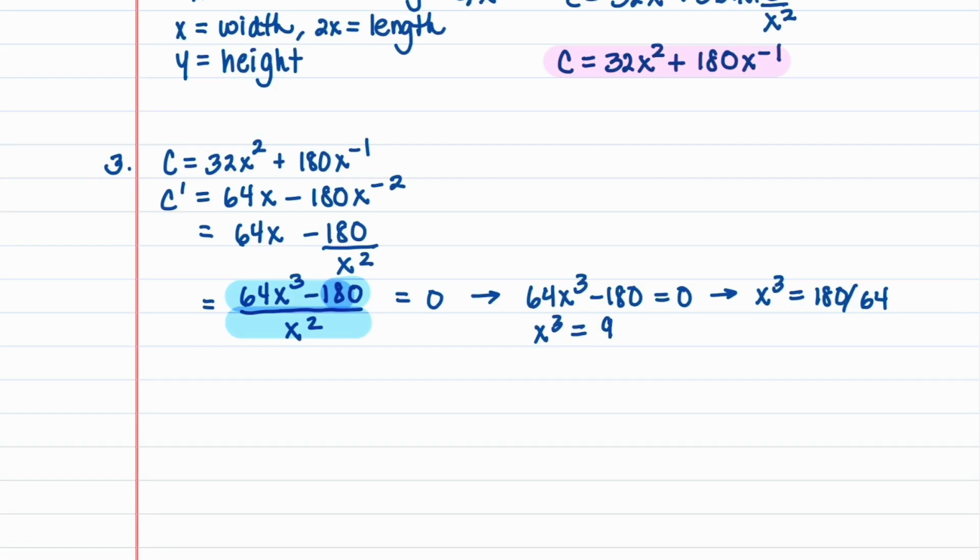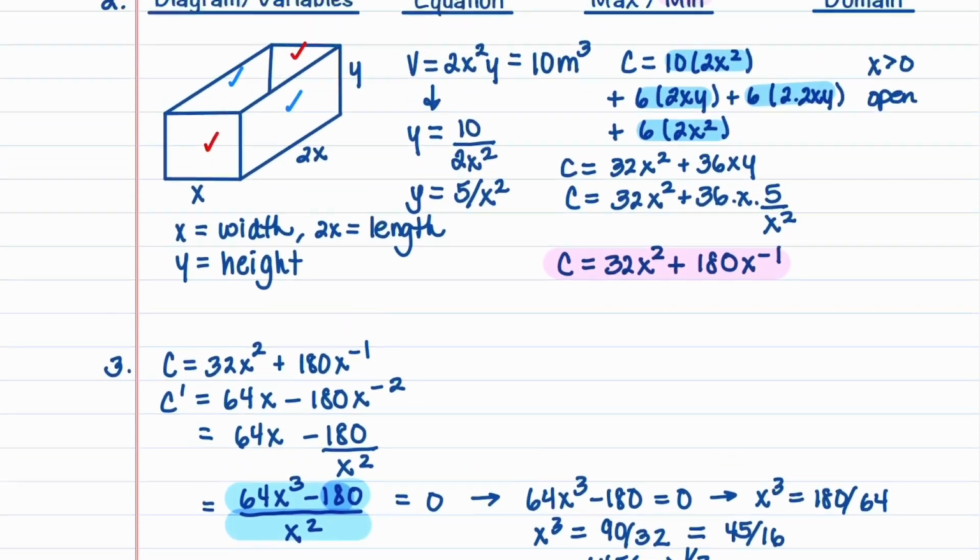So this is 90 over 32. And we can divide the top and bottom again by 2. So this is 45 over 16. And we can't divide that any further. So we know that x then is going to be 45 over 16 to the 1/3.